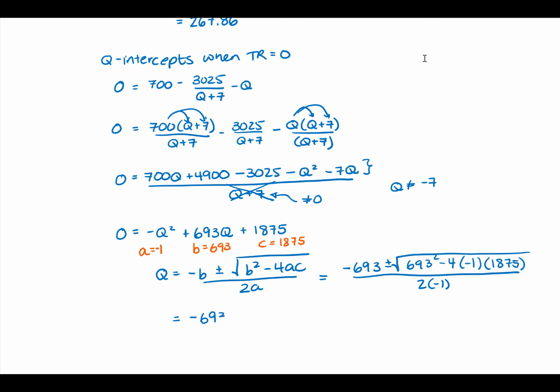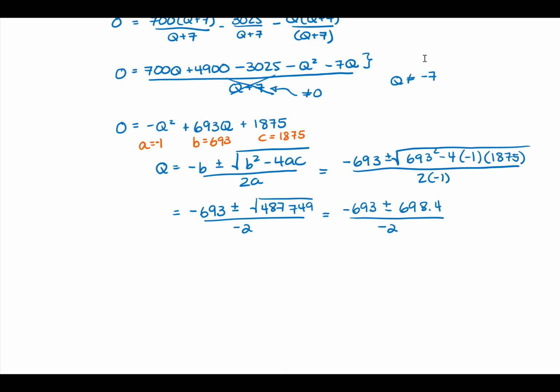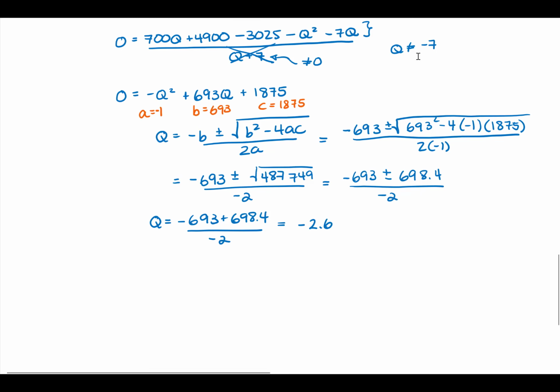This gives me negative 693 plus or minus the square root of 487,749, all over negative 2. Working out that square root, I get negative 693 plus or minus 698.4, all over negative 2. So when I do the addition, negative 693 plus 698.4 divided by negative 2, the result is negative 2.695.